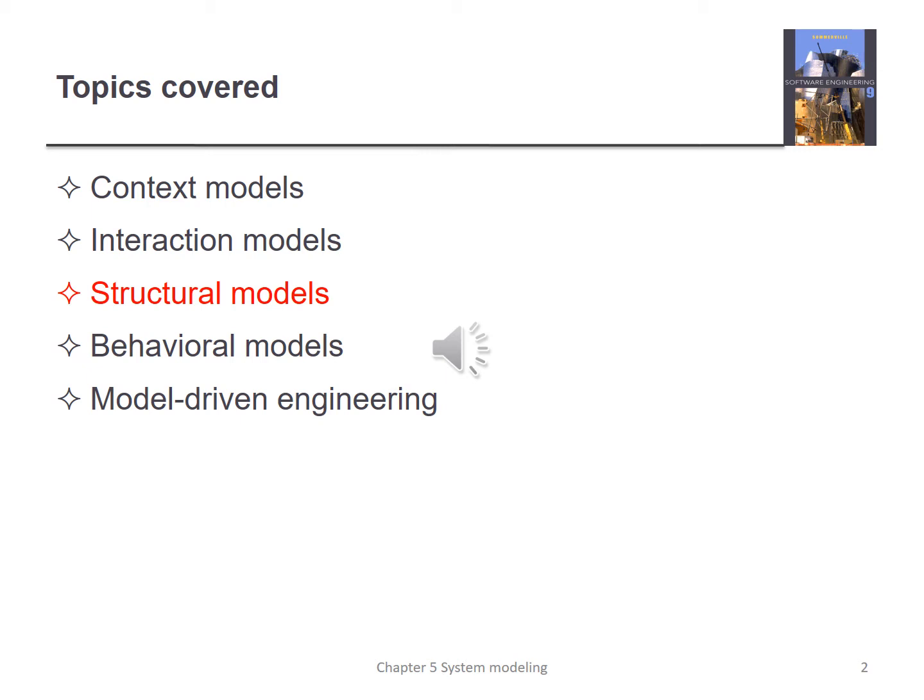Today we are going to cover the structural model, which is represented in the class diagram. In the next lecture we finish the chapter with the behavioral diagram, which is the state transition diagram, and in the last couple of slides we will talk about model-driven engineering.